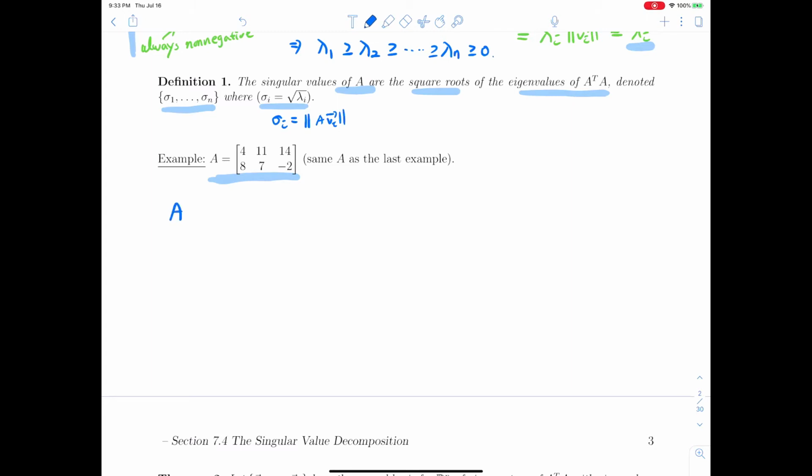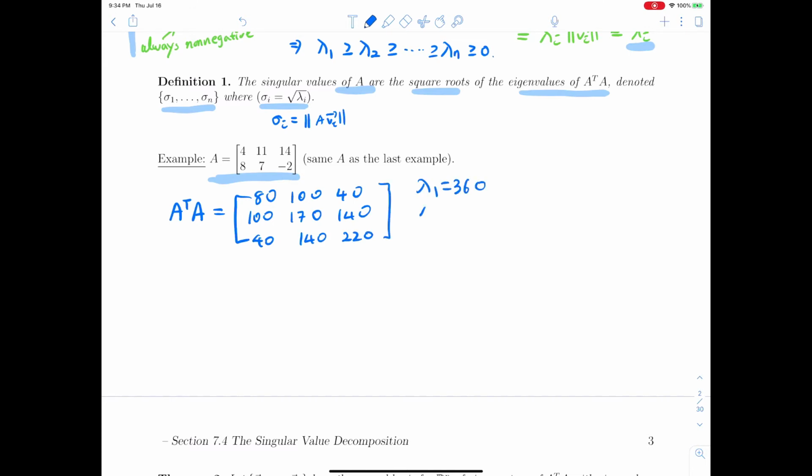So basically we had A transpose times A equals 80, 100, 40, 100, 170, 140, 40, 140, and 220, where we had lambda 1 equals 360, lambda 2 equals 90, and lambda 3 equals 0.